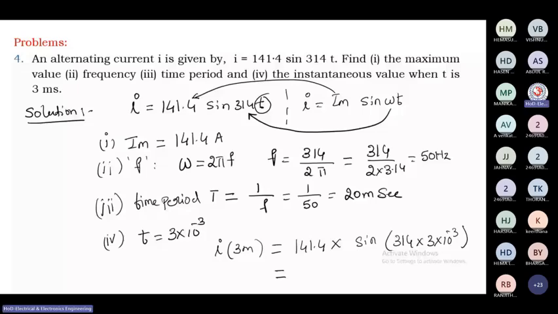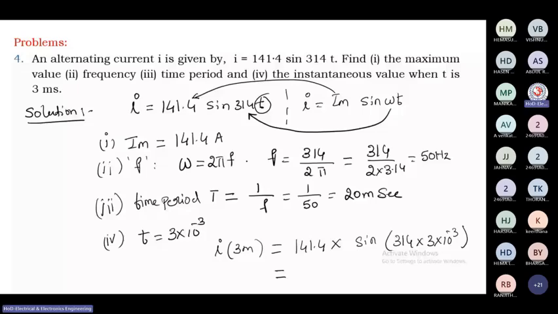So Calci, can you tell me the answer by substituting the values? Anyone? Anyone calculated?